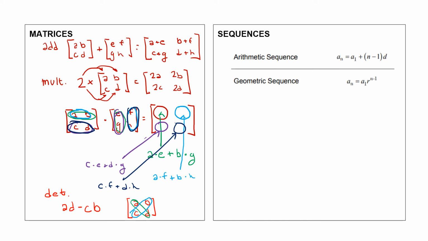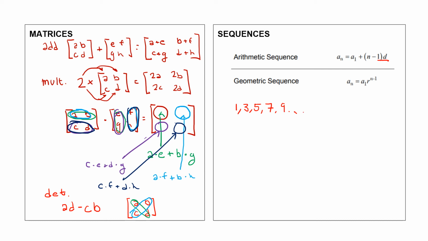All right, moving on to sequences. In regards to sequences, we have two types. We have an arithmetic sequence, where it's basically just adding a number to the previous number in the sequence. So let's say we have 1. If we add 2 to that previous number, we get 3, and we can continue 5, 7, 9.